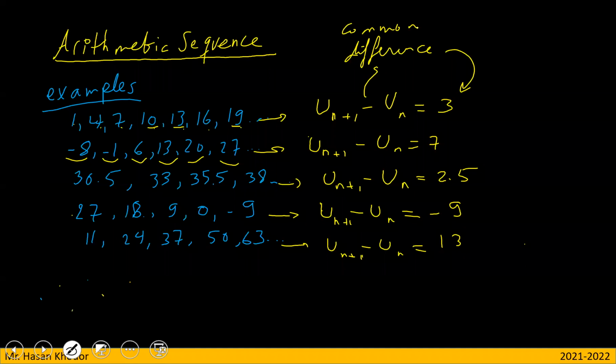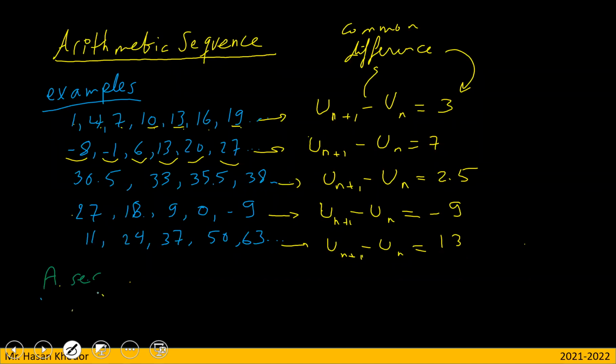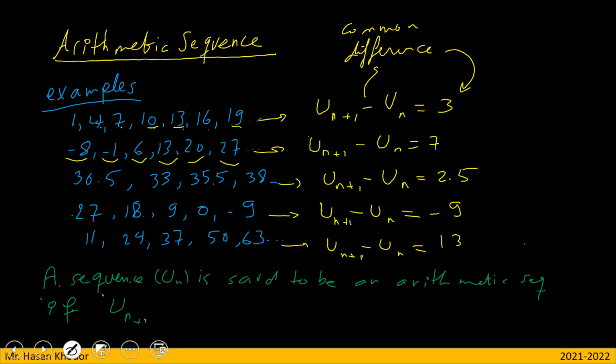Now here arises the definition of an arithmetic sequence. A sequence UN is said to be an arithmetic sequence if UN plus 1 minus UN, the difference of two consecutive numbers, is equal always to the same fixed number.